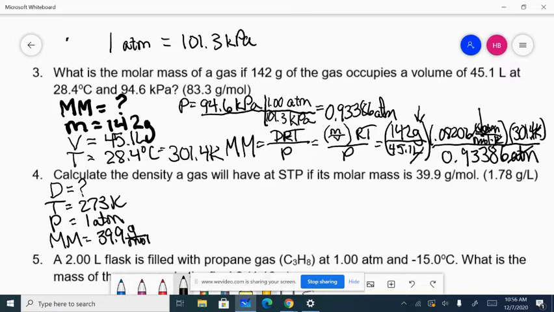So remember our molar mass kitty puts dRT over P. I'm going to rearrange to solve for density, which is molar mass times P over RT.